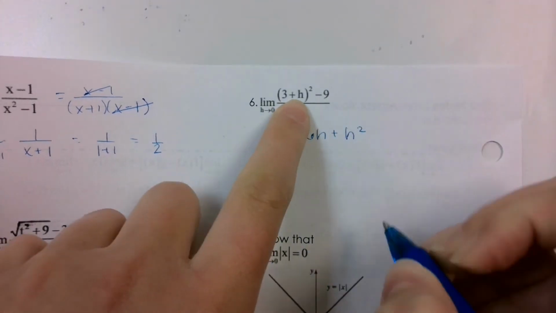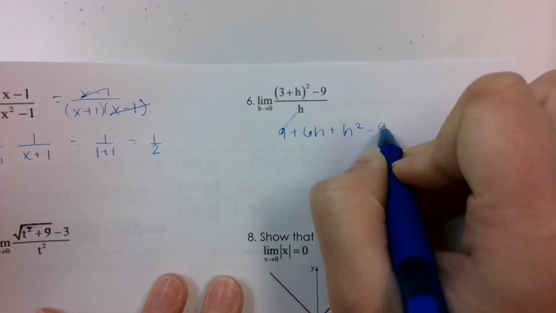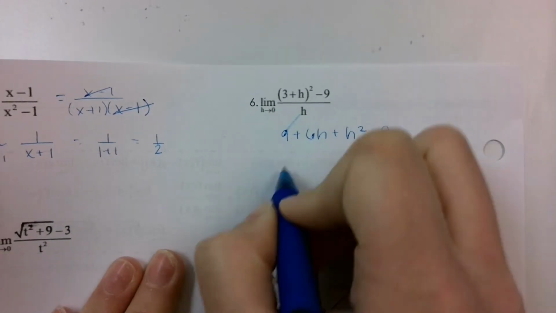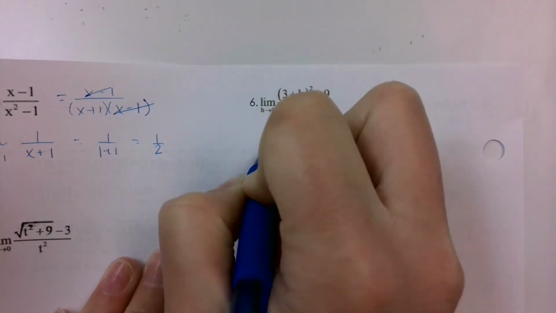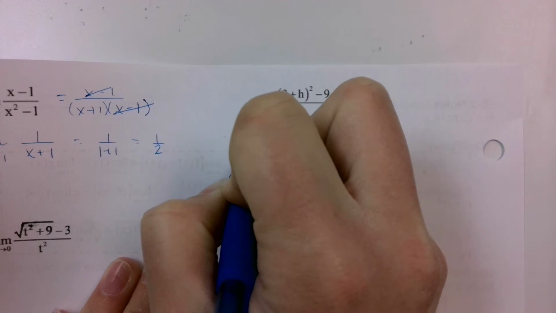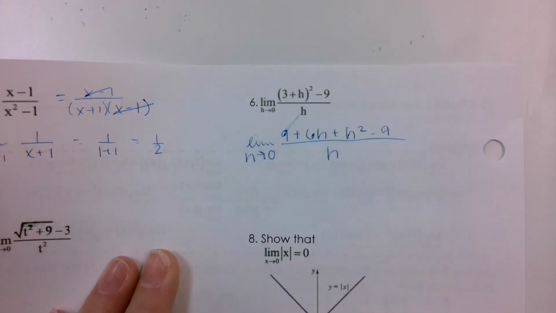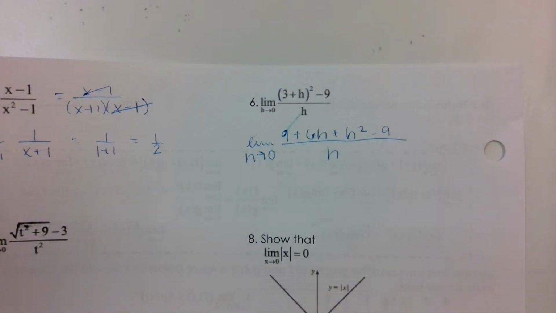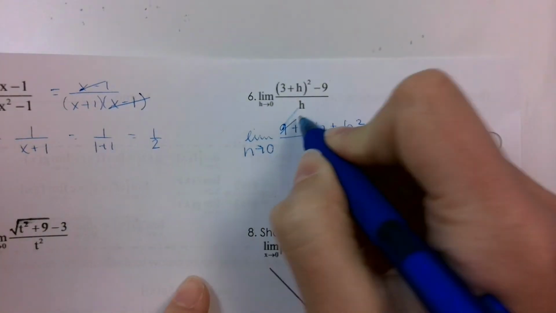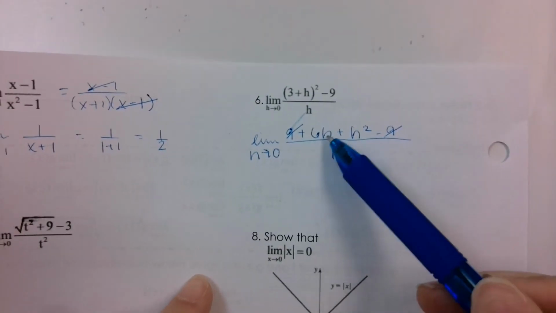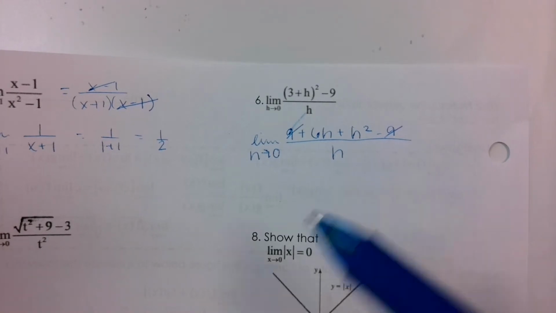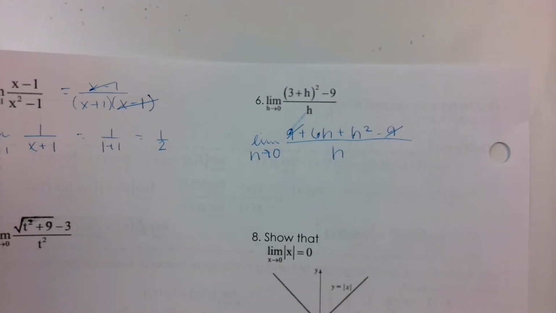I wrote it backwards just because it was written backwards here, but yeah. So we've got a positive 9 and a negative 9 that will cancel. So you've just got 6h plus h squared all over h. Is there anything else we could do? You divide out h's, right?